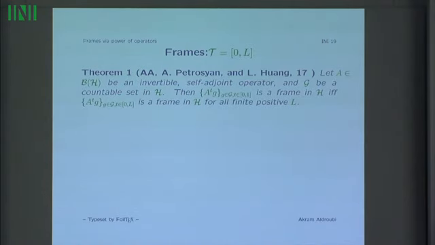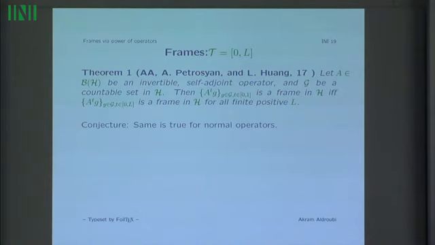This is not surprising if, for example, you suppose this is a frame for [0, 1] and you take L bigger than 1, then the fact that the new system is a frame is kind of obvious. The less obvious part is that you can actually take L less than 1. This result is interesting because it used a lot of complex theory and some interesting mathematics.